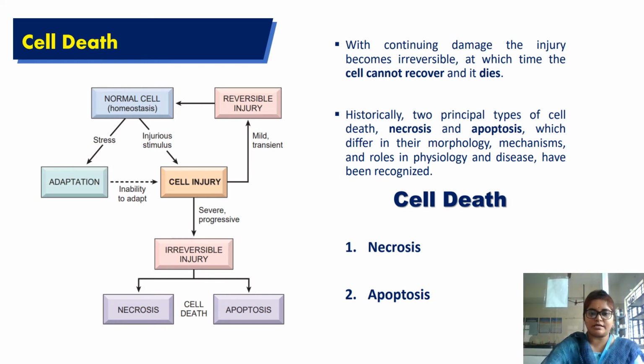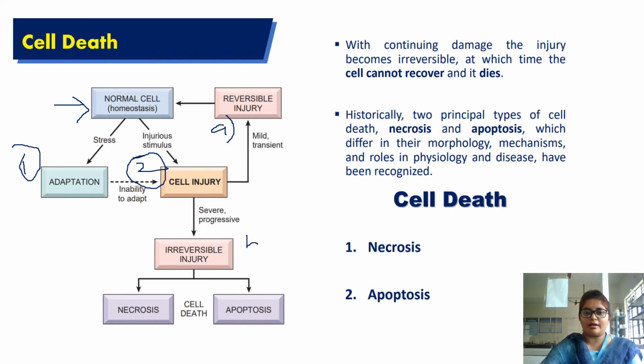So here you can see it. The normal cell, which is maintaining homeostasis, can undergo adaptation. So this is the first change. It may also undergo cell injury, and the cell injury is of reversible and irreversible types.